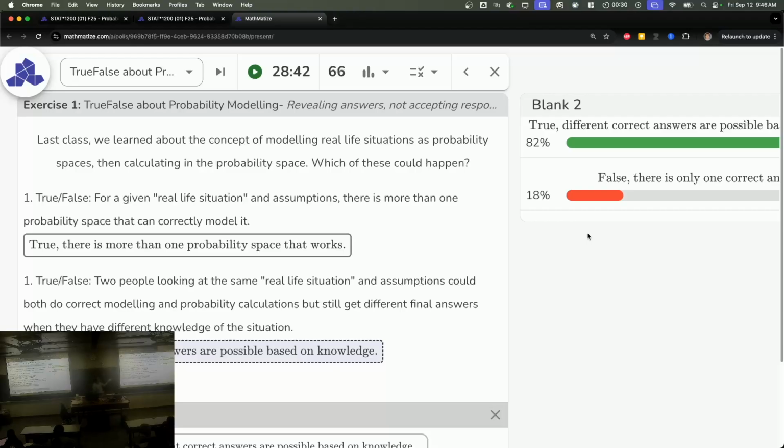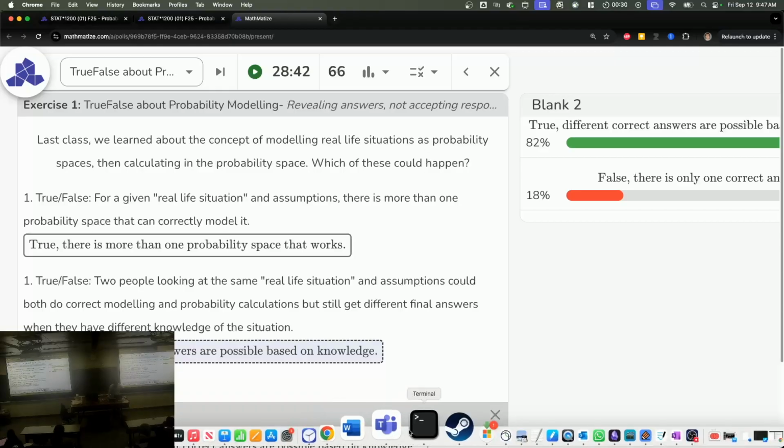I think this one is a little weird to me. When you go to physics class, there is only one answer, right? There's some physics problem and the answer is 2 joules. There's only one answer. But in probability class, the answer depends on what you know or don't know. It depends on the information that you have. I think this can be a really hard concept to get, and it is somewhat counterintuitive.